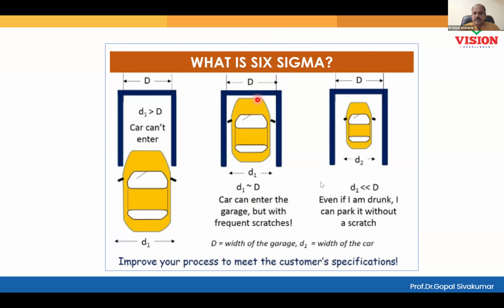So please note, in the first scenario, where my car is bigger than the parking area, the hidden rule is that my car must be scratched. Yes or no? Every single shift, if a small percentage of the parts are getting rejected, that means you purchased the wrong car for your factory. Every shift, there will be scratching of the car happening.